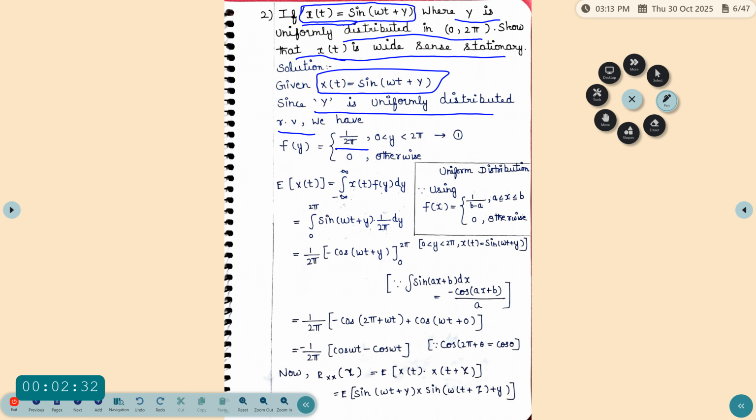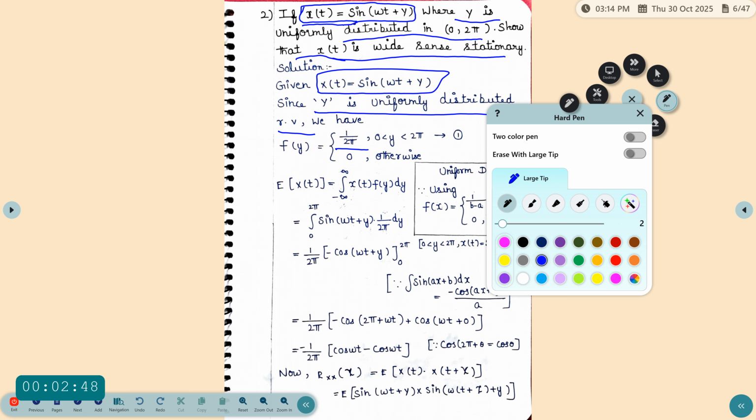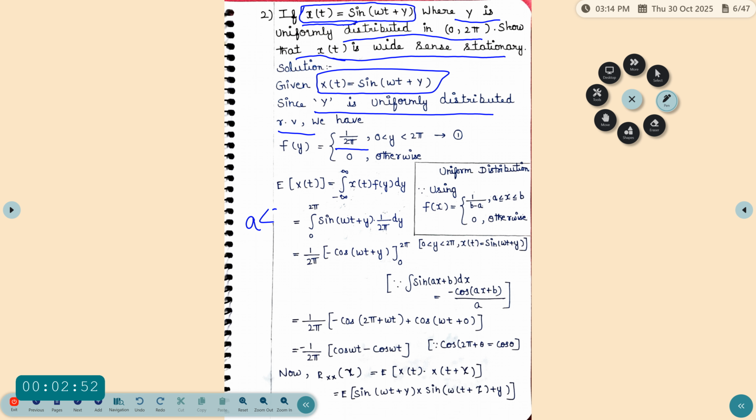Because if x lies between a to b, that is a < x < b, then the uniform distribution f(x) may be written as 1/(b − a).